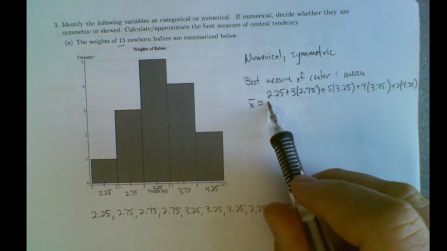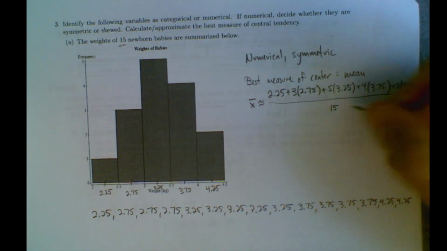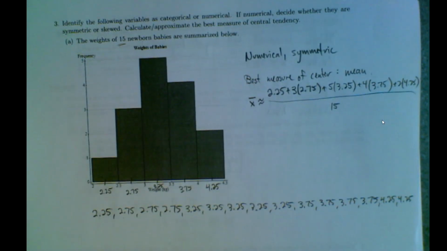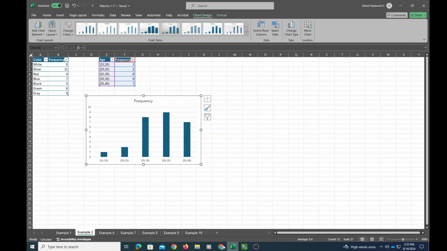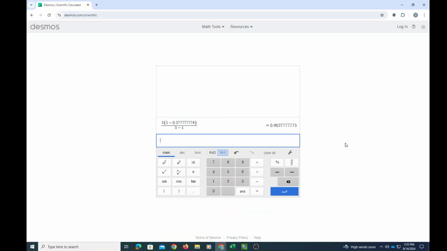And then we would divide that by 15. Let's head over to Desmos to see how much that is. I've got 2.25 plus 3 times 2.75 plus 5 times 3.25 plus 4 times 3.75 plus 2 times 4.25, and then we'll divide that by 15.